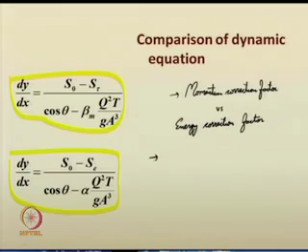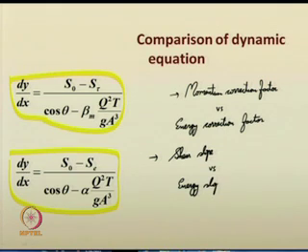Another obvious change you can observe is shear slope versus energy slope. If these things are quite different in a particular channel, then obviously your water surface slope will also differ when you compute it. Using these dynamic equations, the results will be quite different if you use the two different equations.